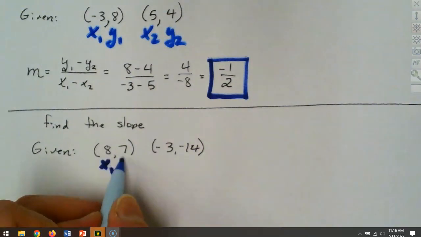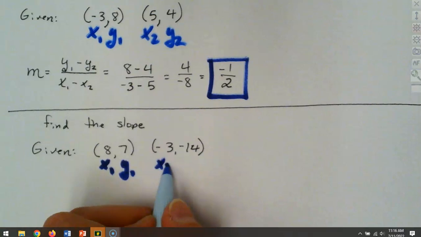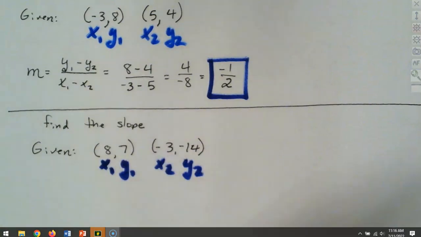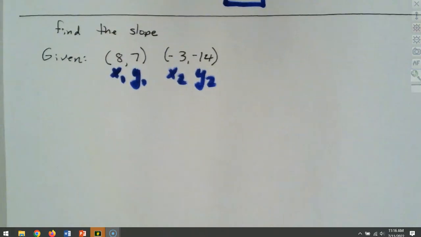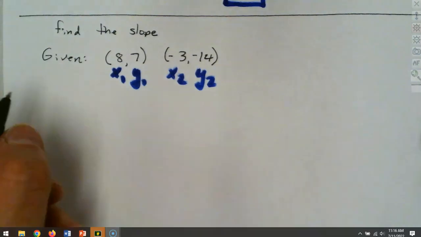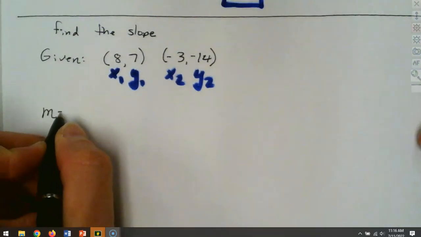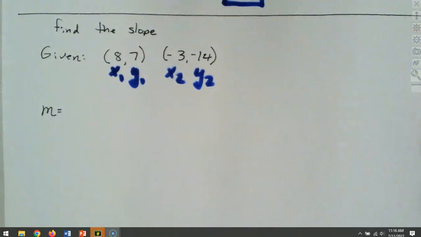So x1, y1, x2, y2. If you make a mistake, it is going to be with the double negatives. Whenever you have negatives, remember, you're subtracting it off, so sometimes that makes a double negative. I always, again, like to write up my formula because I feel like repetition is the best way to get these formulas down.